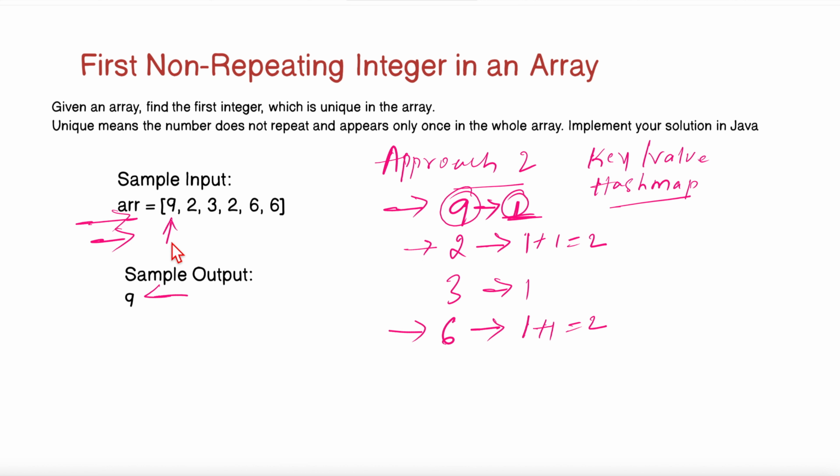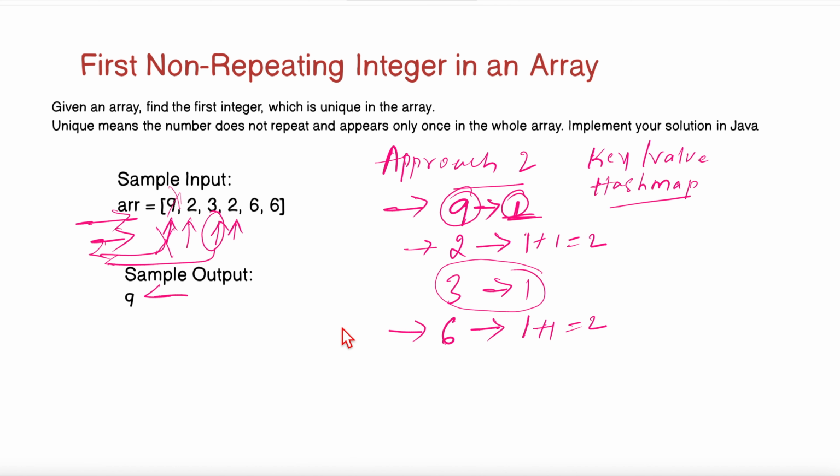So that's the reason we'll immediately return the output. If that is not the case, we'll go through each and every element, and whenever it finds a unique number, in our case the 3 is also a unique number, we'll return the output. If the 9 is also a duplicate, then in this case the third element will be returned as the output.